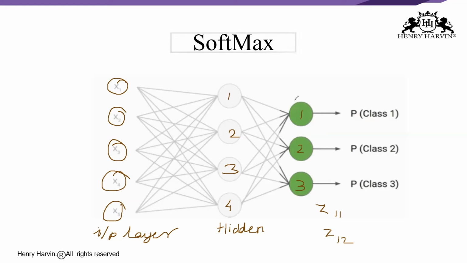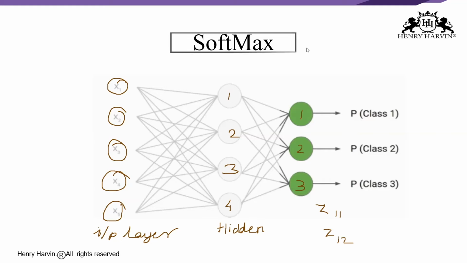The most important point to remember is that we have 3 classes in the data set, which is why we have 3 neurons in the output layer. Each output neuron gives me the probability for each class. Whichever has the maximum probability, that is the class the data belongs to.